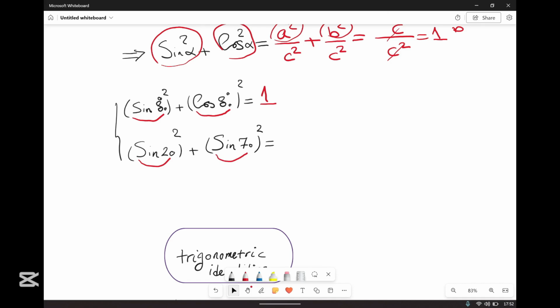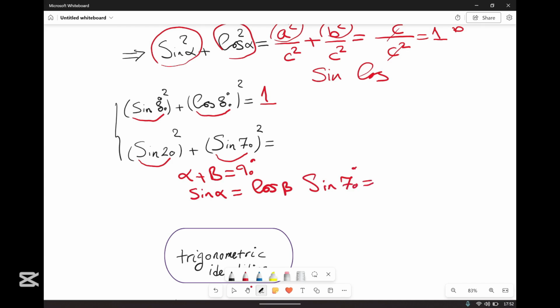This formula is for sine and cosine, but you must consider that when alpha and beta add up to 90 degrees, sine of alpha is equal to cosine of beta. Therefore sine of 70 is equal to cosine of 20. Right now, sine of 20 squared plus cosine of 20 degrees squared is exactly 1.